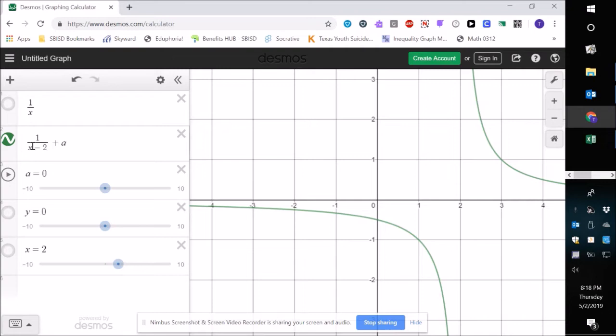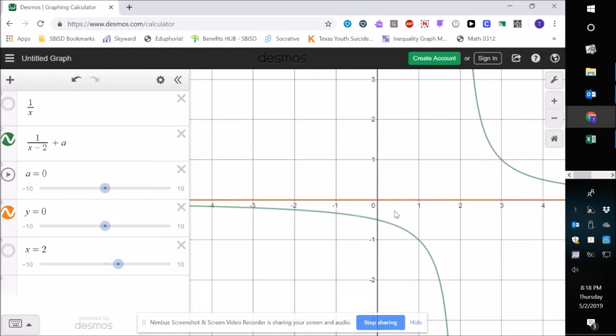So that means that the numerator degree is less than the denominator degree. So whenever that happens, then the rule is we have a horizontal asymptote y equals 0, which I'm going to turn on right here in orange. So here's the orange graph. This is the horizontal asymptote.